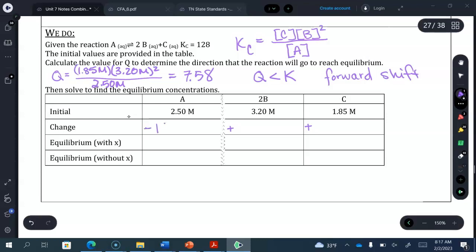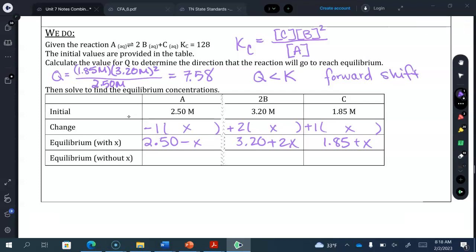We're going to bring down the coefficients, and then we are going to fill in X. So we end up with 2.50 minus X, 3.20 plus 2X, and 1.85 plus X. So now we can substitute these into our equilibrium constant expression and solve for X.